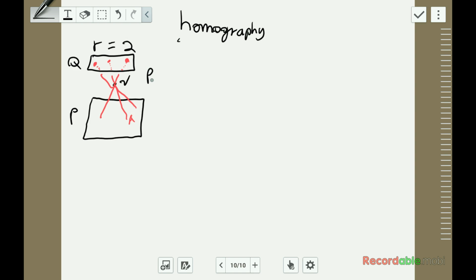So this is the idea of perspectivity when r equals 2.